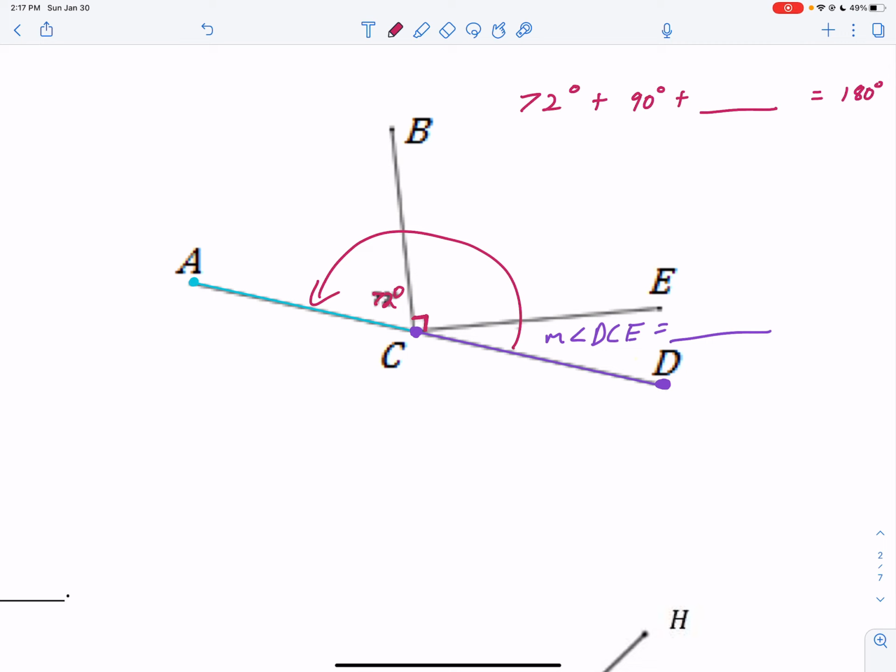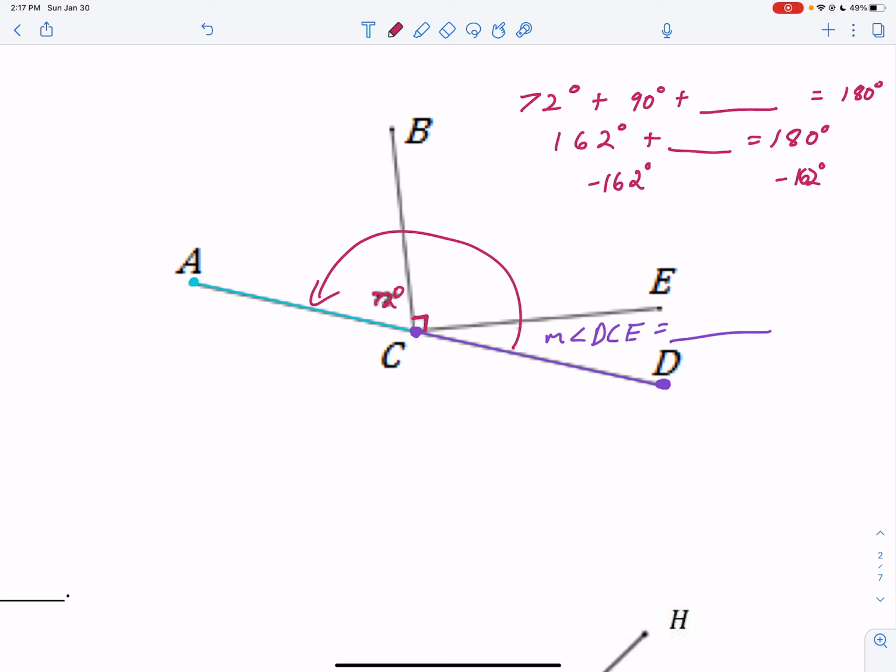So let's go ahead and simplify this a little bit. We have all the information we need. 72 degrees plus 90 degrees is 162 degrees. Plus blank equals 180. Subtract 162 from both sides. Technically, we would consider this a unit, so I can keep drawing it, but I don't really need to.